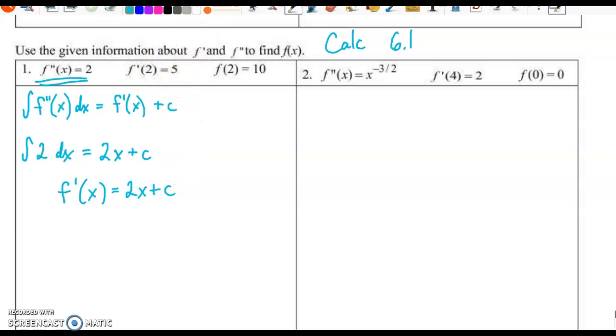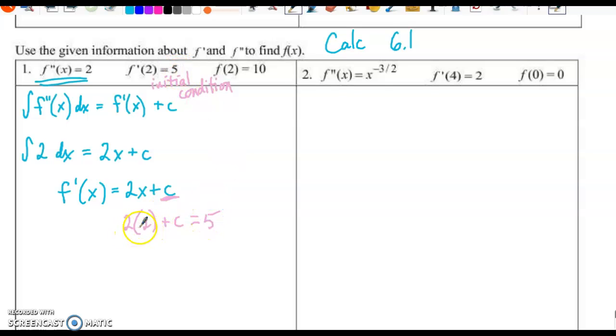Now this is called an initial condition, because now we can use this to figure out what c is. So when x is 2, 2 times 2 plus c needs to equal 5.